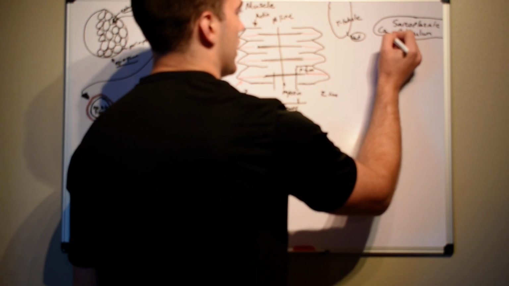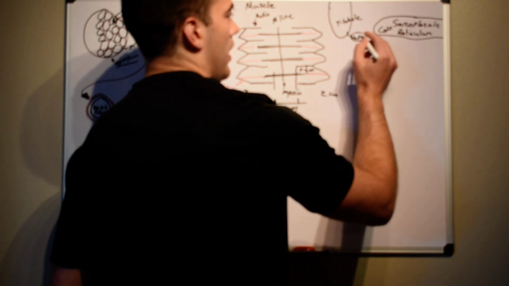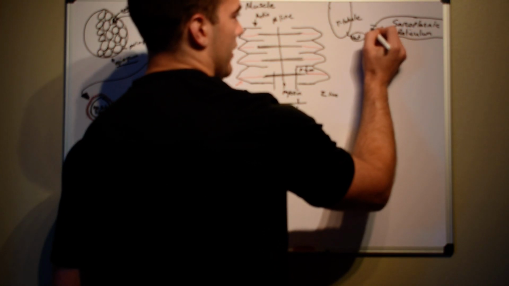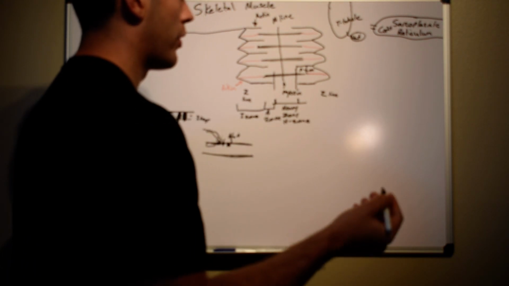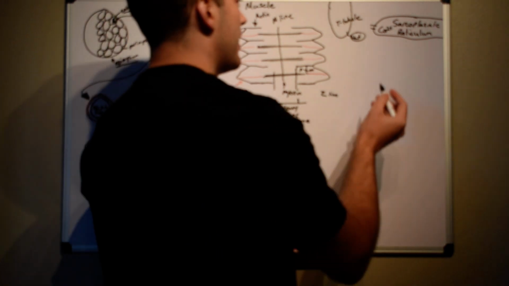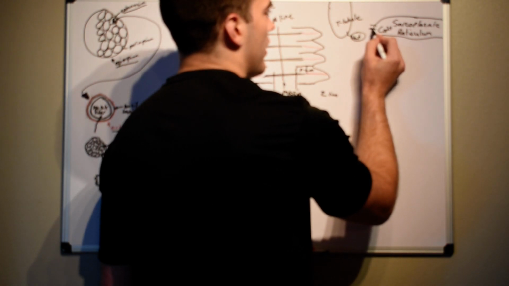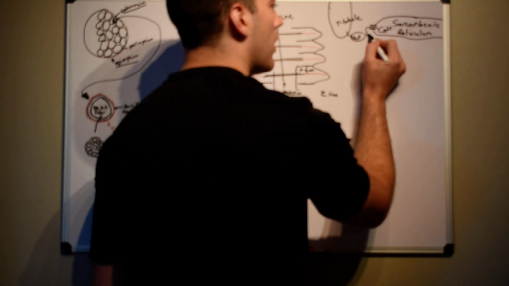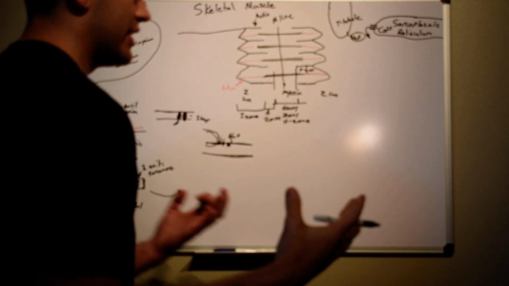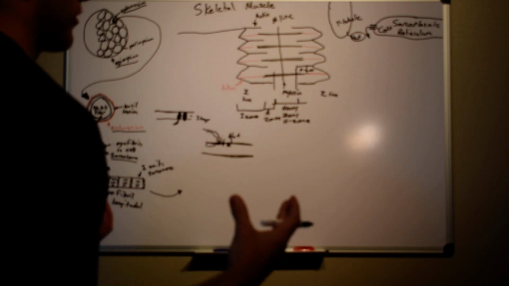It contains a bunch of calcium, and it has little receptors on it that sense that the cell has become depolarized. When that happens, these calcium channels open up and allow our calcium to flood into the internal of the muscle fiber.